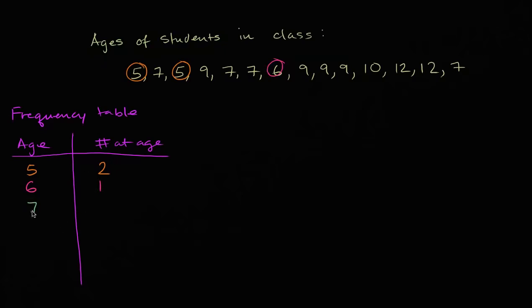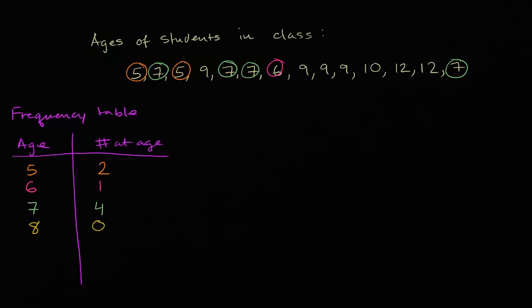All right, 7-year-olds. There's 1, 2, 3, 4 7-year-olds. Now, what about 8-year-olds? I'm going to do this in a color that I have not used yet. We have 0 8-year-olds.